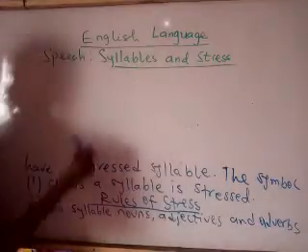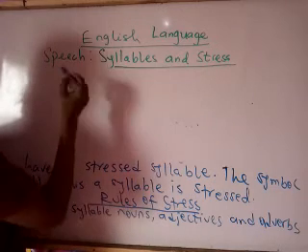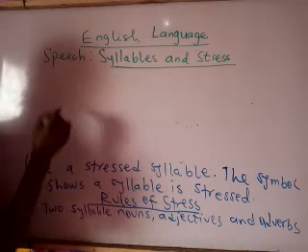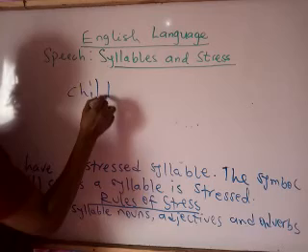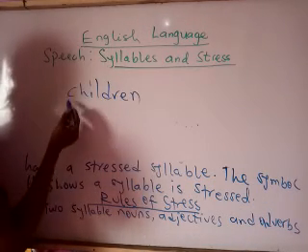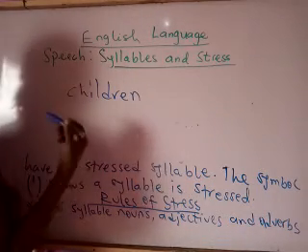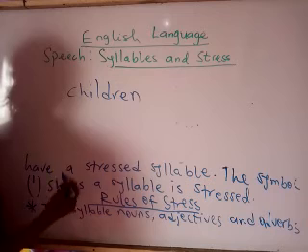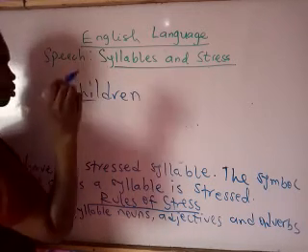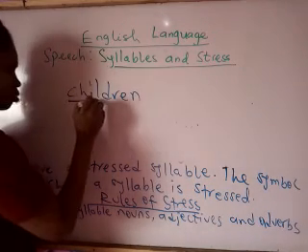Okay, when you have a two-syllable noun like, let's say, children. This is two syllables and it is a noun. The stress will fall on the first syllable: children.